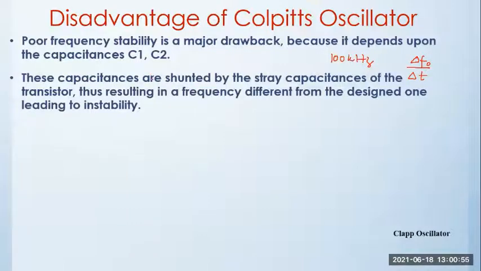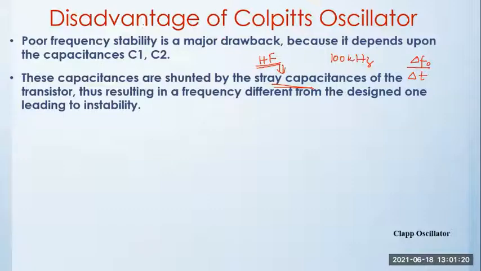It's another disadvantage. Main problem is these capacitors get shunted with stray capacitors of the transistor. So there are always some stray capacitances in the transistor which come into effect at high frequencies. Please remember, these stray capacitances come into effect at high frequencies of operation.